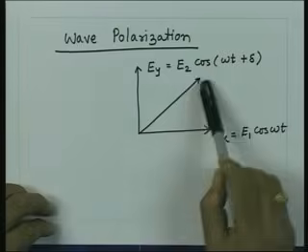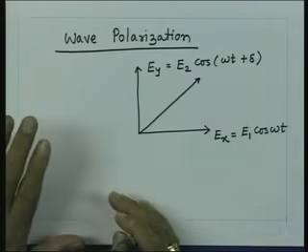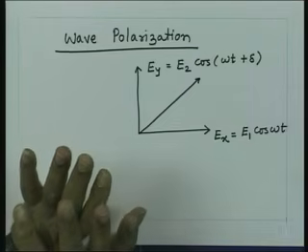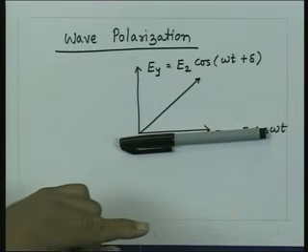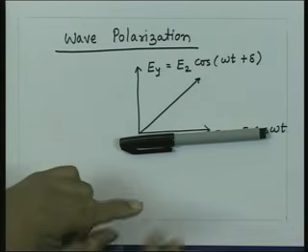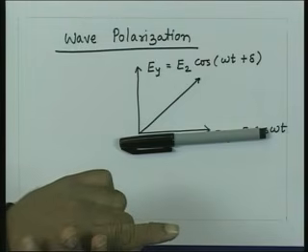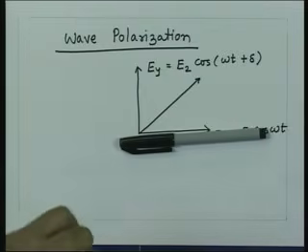So, I can say that whatever general thing I am talking about is equivalent to as if I have two waves, one for which the electric field vector remains in x direction like that. I have another wave which has the same propagation characteristic, but for which the electric field vector is like this, which is vertical. And if I launch these two waves simultaneously into the medium, then at any location in space, I will always get the vector sum of these two electric fields, and I will get the resultant electric field.